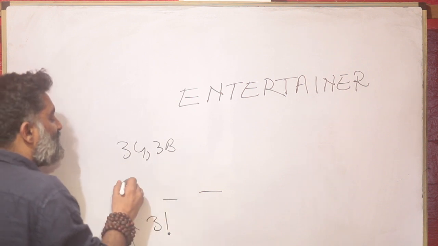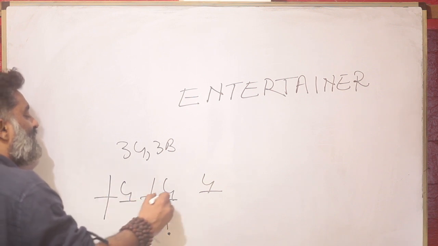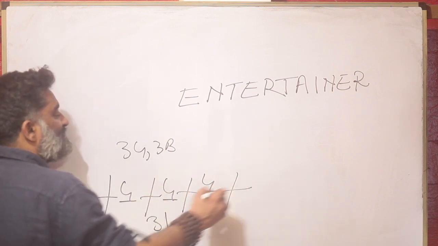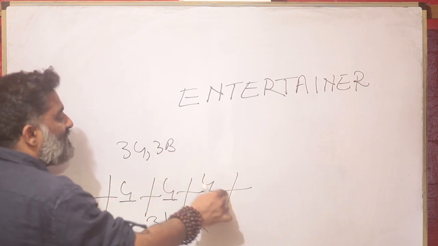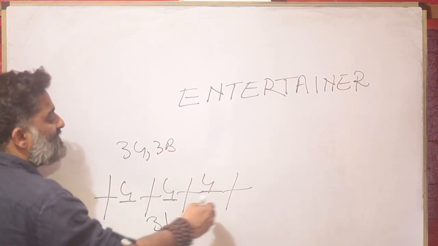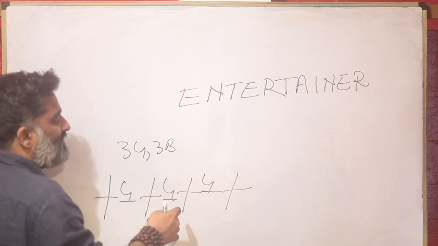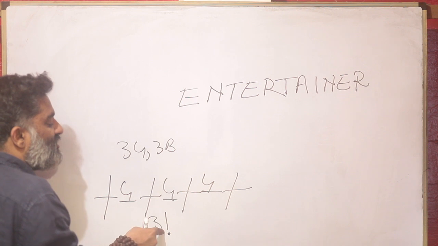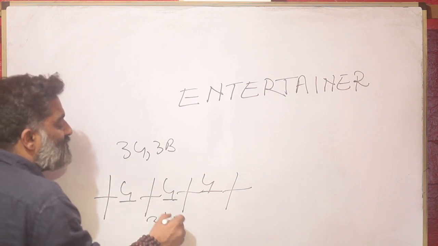Now when I put the girls in these 3 positions, they create certain positions. As long as I put the boys in these positions, the boys will always be away from each other because the girl will act like a buffer or a wall between the two, right? So now I already took care of the girls. There were 3 girls and 3 positions, so there were 3 factorial ways of doing it.